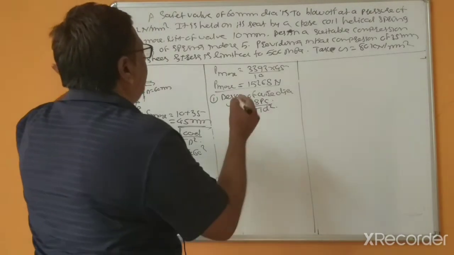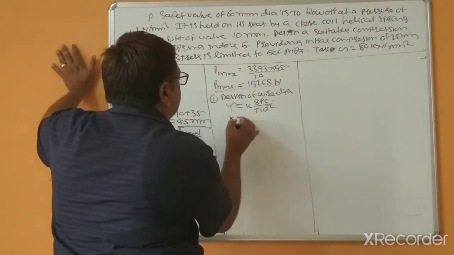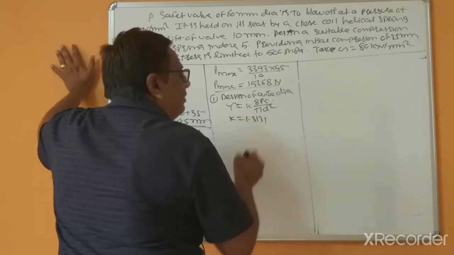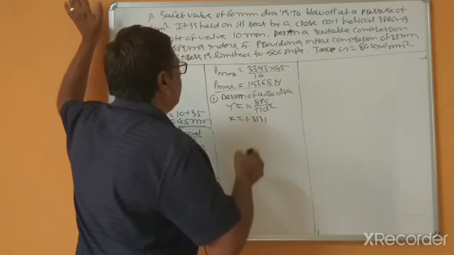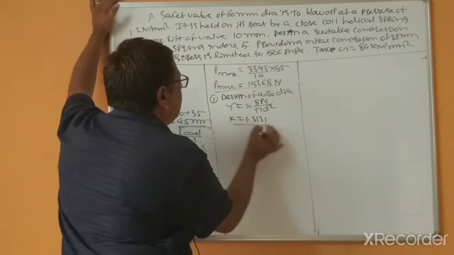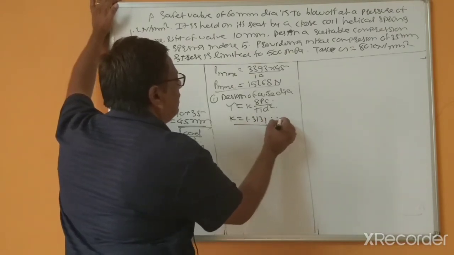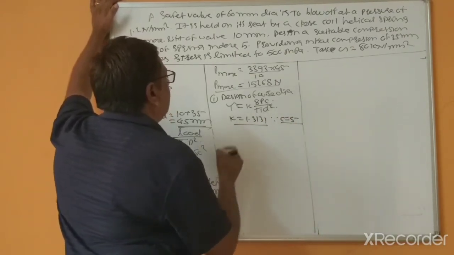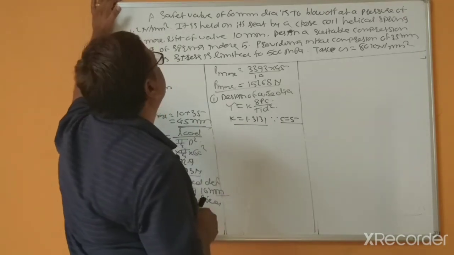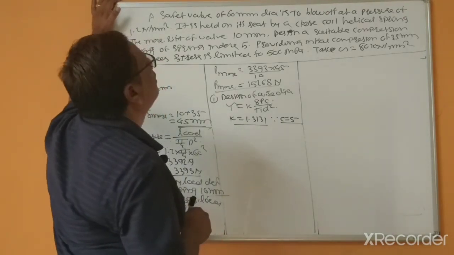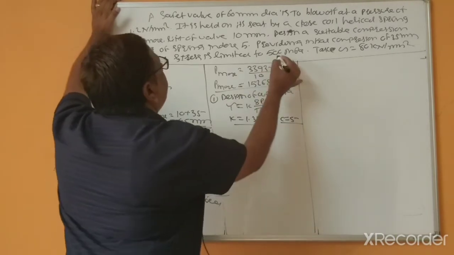So K equals 1.31, because the spring index C equals 5. So I am directly taking K equal to 1.31 since C equals 5. Tau equals 500 given.